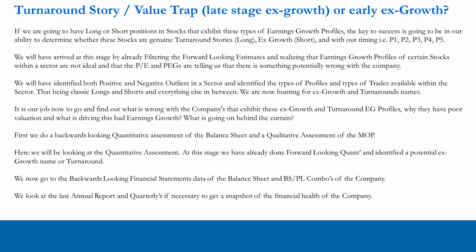We will have gone through the sector and we will have identified both positive and negative outliers and identified the types of profiles and types of trades available within that sector. So that being classic longs and shorts and everything else in between.